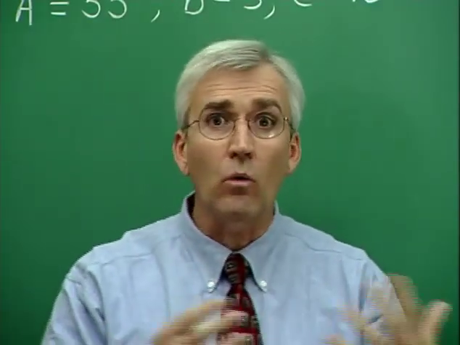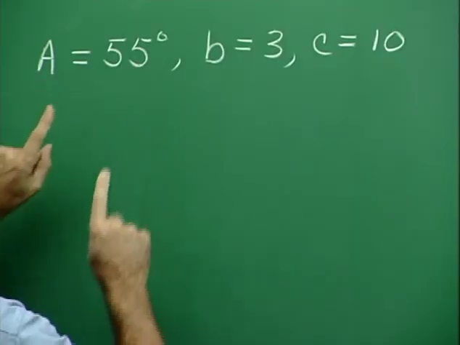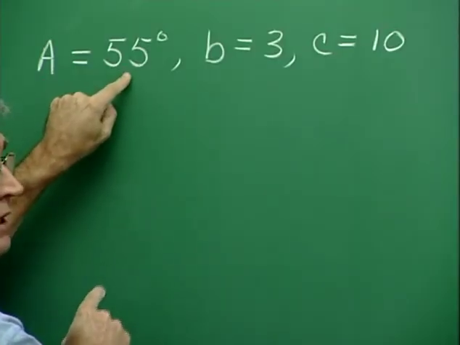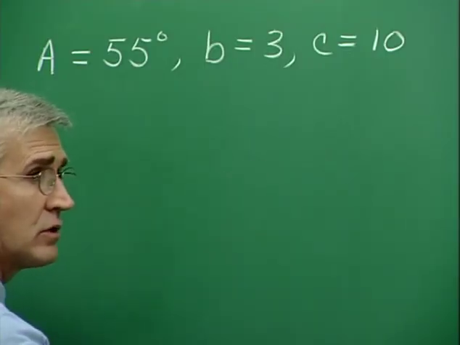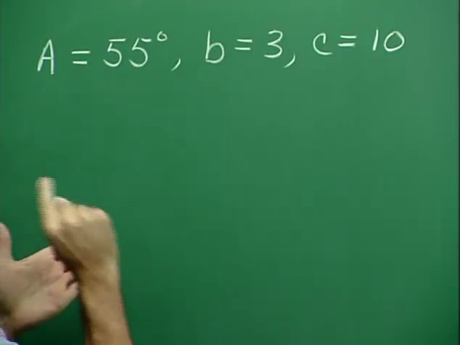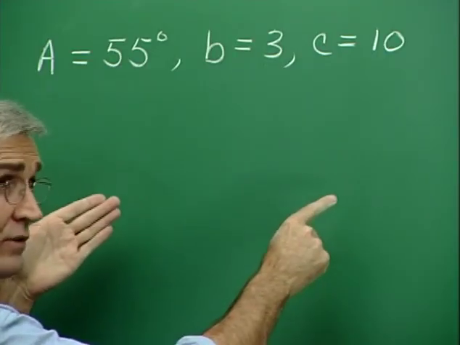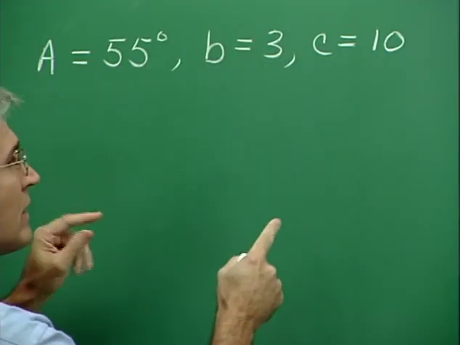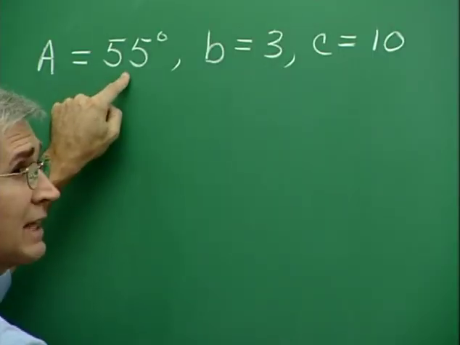What side or what angle do we solve for? Well, we end up solving for the side opposite that angle, because it's easy for us to structure the equation for the law of cosines. We only have the cosine of a single angle when we are writing the law of cosines in one of its forms. And the side that we're solving for is the side opposite that angle.